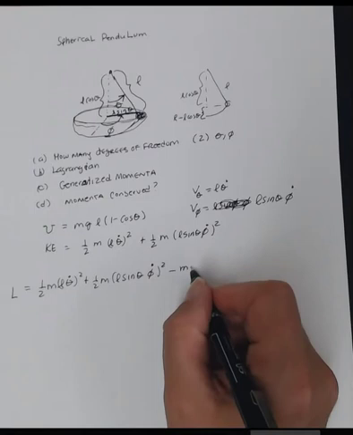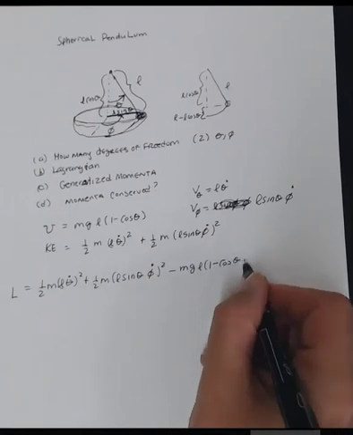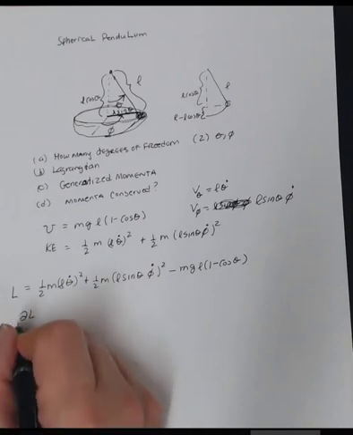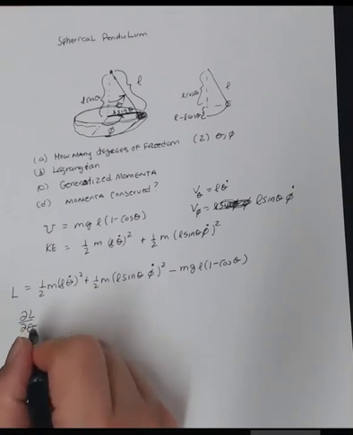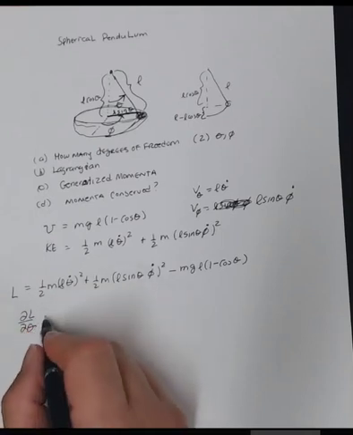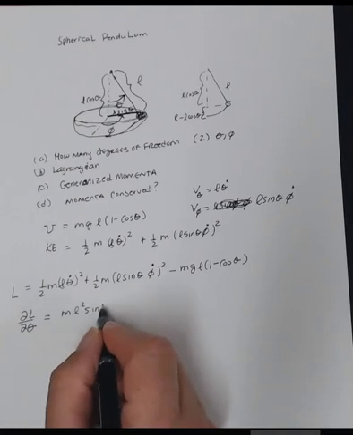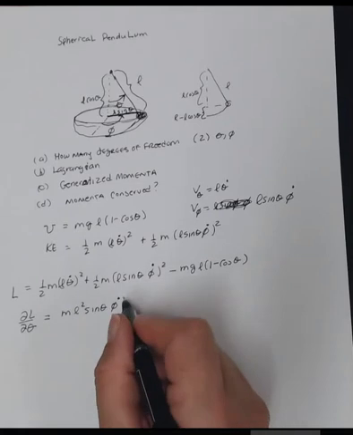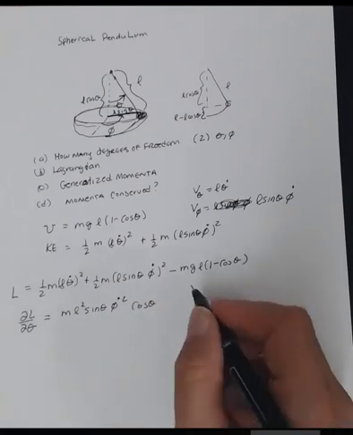I like to take the partial with respect to everything I know I'm going to need. Partial with respect to theta is going to be m L squared sine theta phi dot squared cosine theta when I take the derivative of the sine.